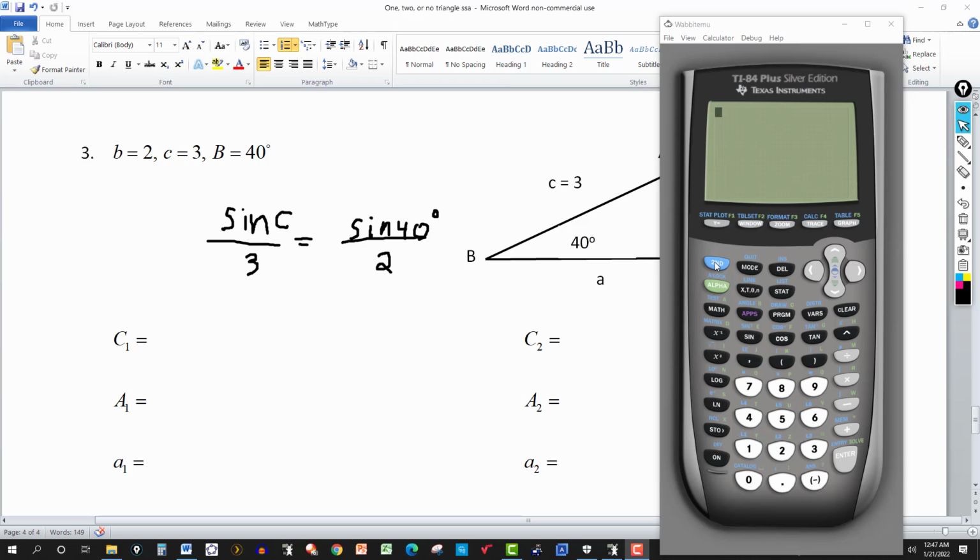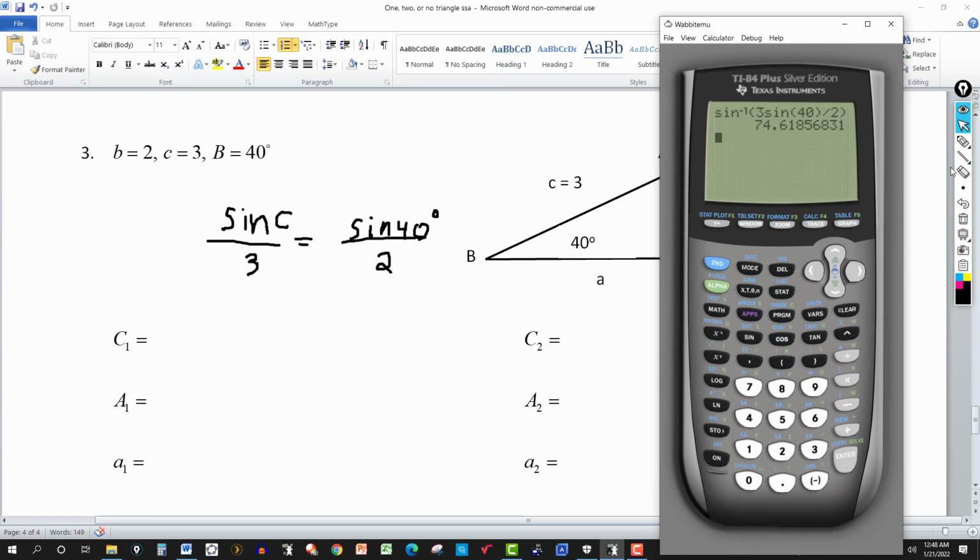So C will equal sine inverse of, let's put 3 sine of 40, close parentheses there, divide by 2, and close parentheses, hit enter, and I get C is equal to 74.6 degrees. Run that out to one place, 74.6 degrees.